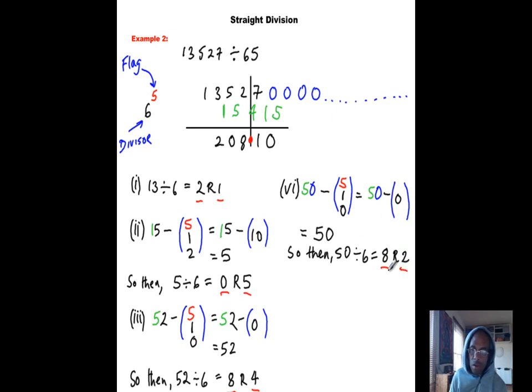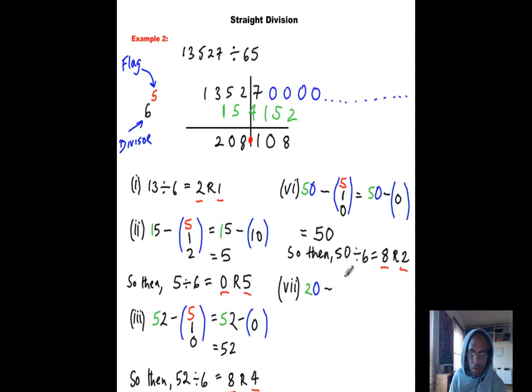Let's put the black 8 under here, and the remainder 2 in green, prepend to one of the zeros, the next 0 in fact, this one. Stage 7. VII. Okay, so we've got 2 0, which is 20.